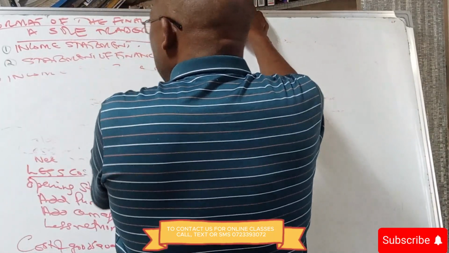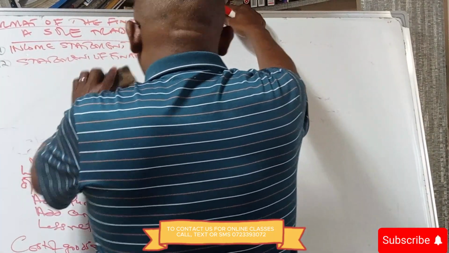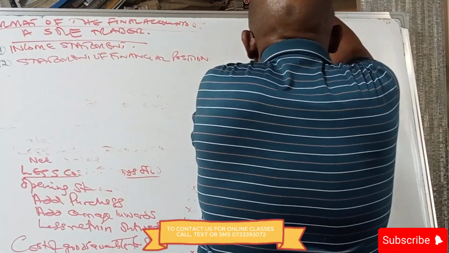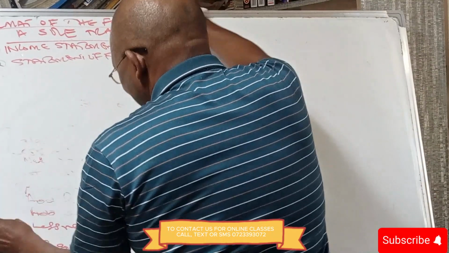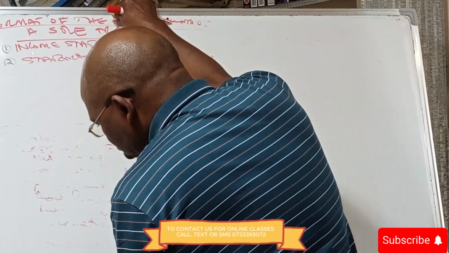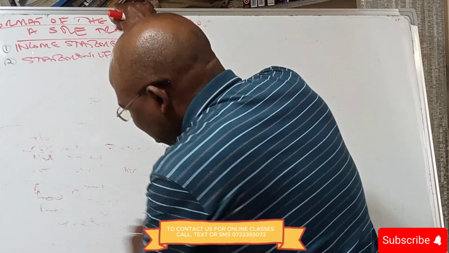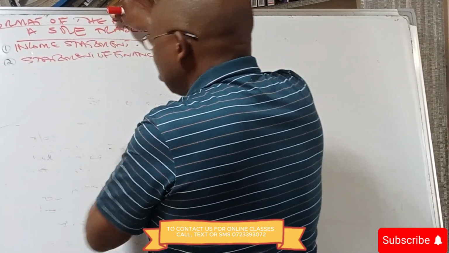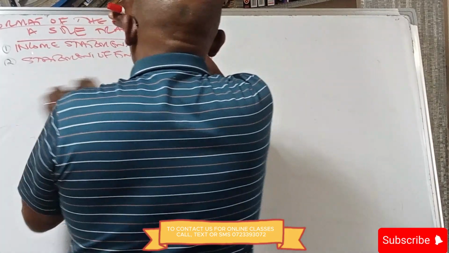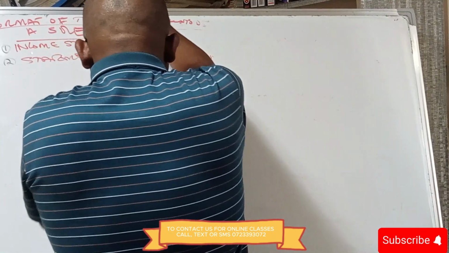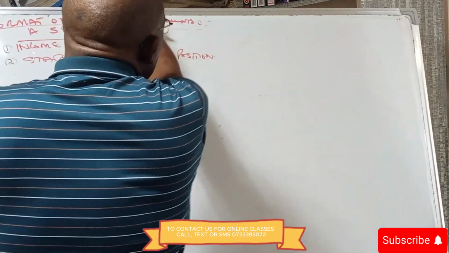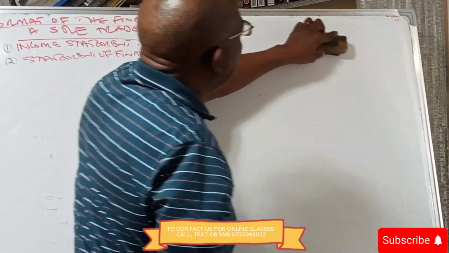And we say the statement of financial position as at. Something very important there: the income statement is for a period, but we talk about the balance sheet as at. So for the income statement, we say the income statement for the year.